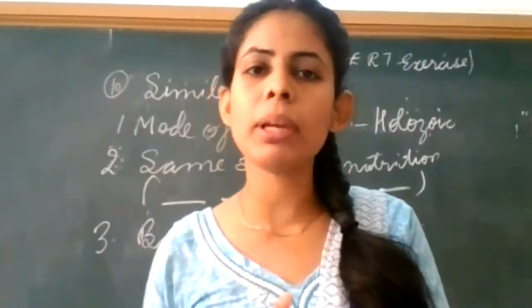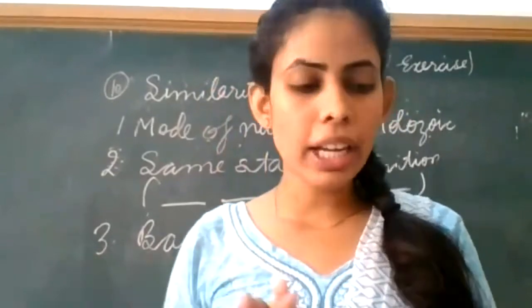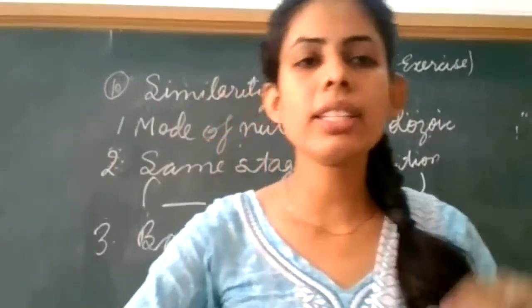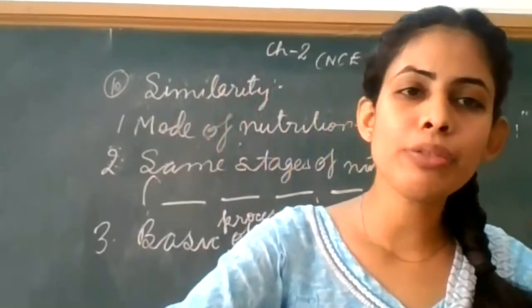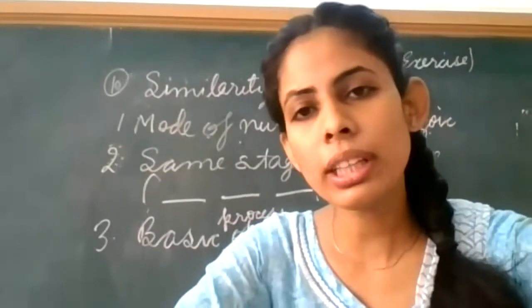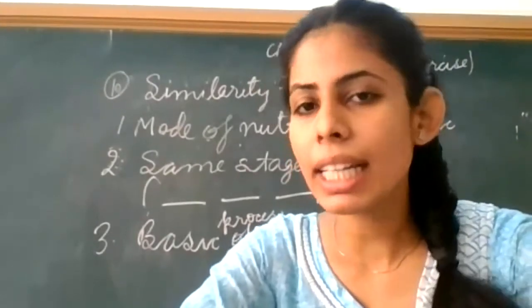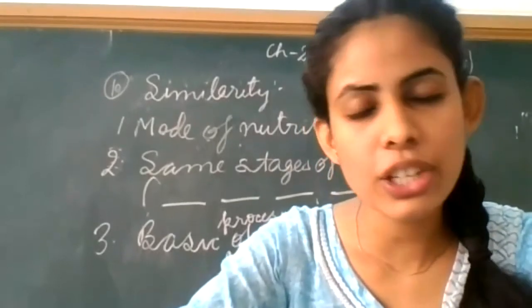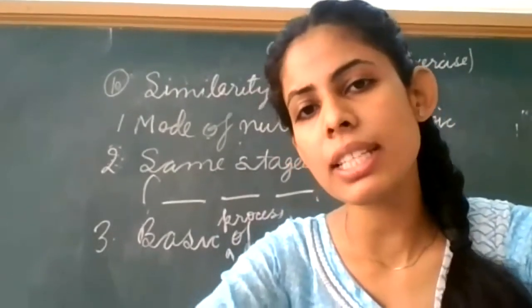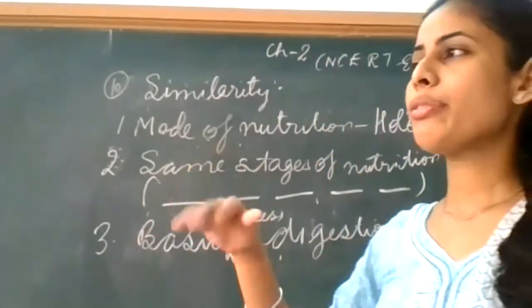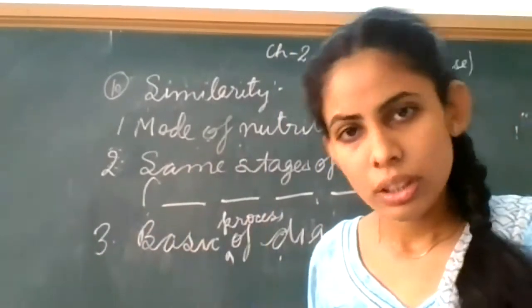On the other hand, human beings have a very well developed digestive system. And next, the amoeba takes food with the help of pseudopodia, and in the case of humans, the buccal cavity. Clear? And the digestion in the case of human takes place in the stomach, and in the case of amoeba it takes place in the food vacuole.